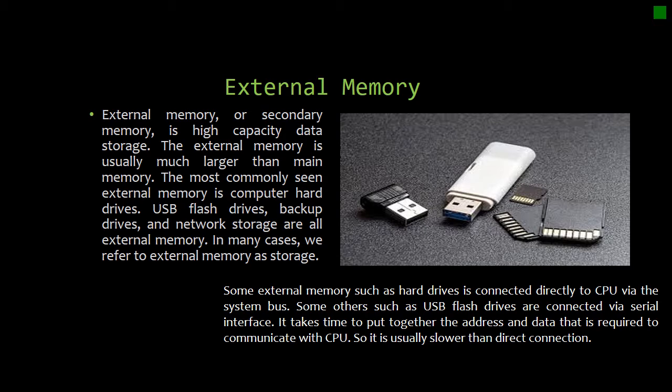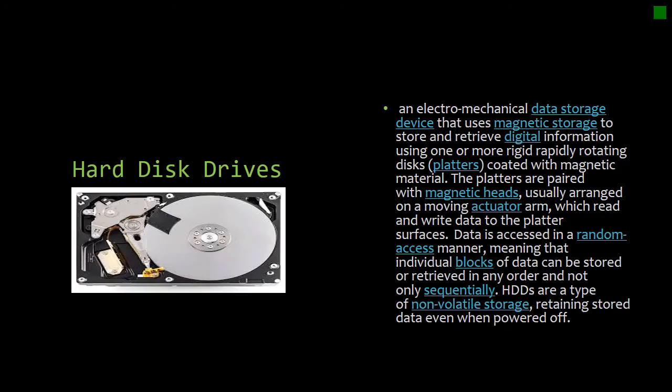Some external memory, such as hard drives, is connected directly to the CPU via the system bus. Some others, such as USB flash drives, are connected via a serial interface. It takes time to put together the address and data that is required to communicate with the CPU, so it is usually slower than the direct connections.